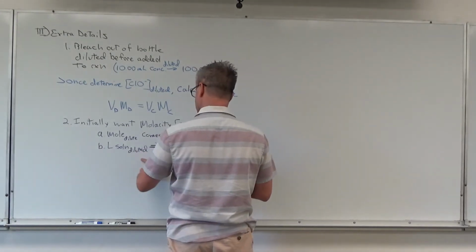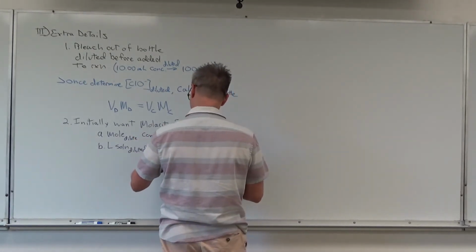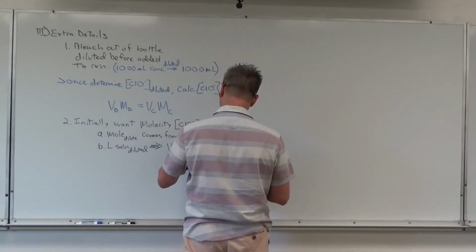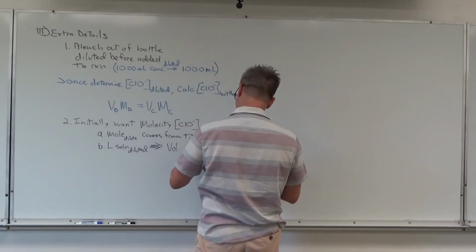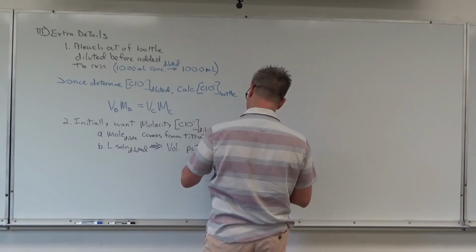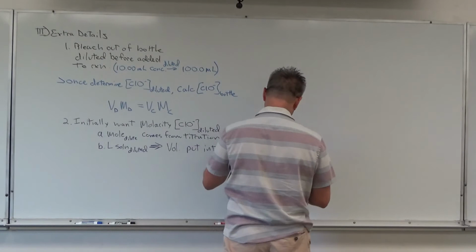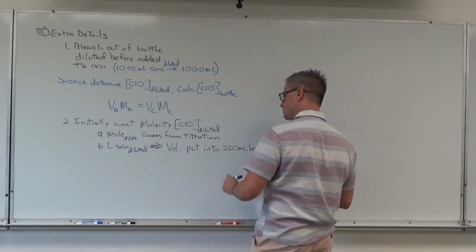So the liters of solution is what you first put into some sort of volume of your diluted solution that you created up here. Put into a 250 mL Erlenmeyer flask or beaker.